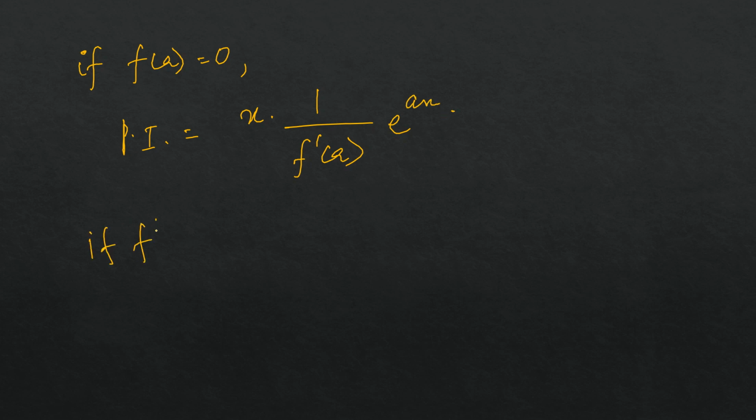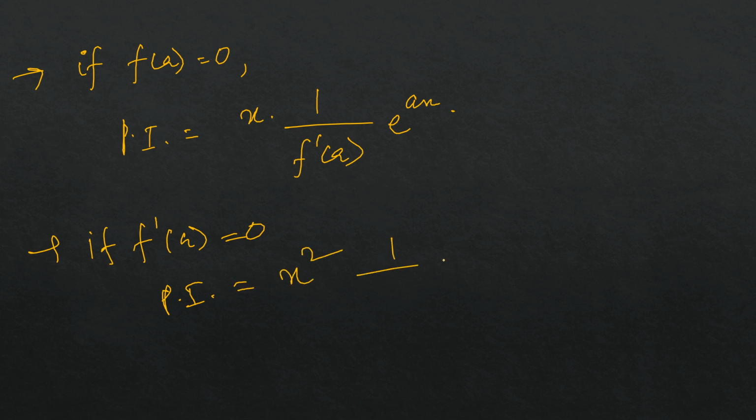If f dash is also 0, it will just go on like this: another x multiplied, and f double dash of a, e to the power ax. It will go on like this.